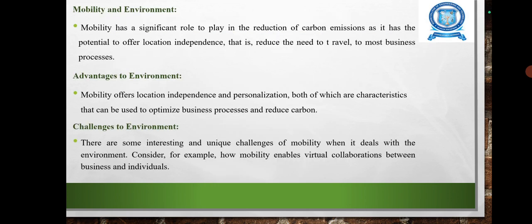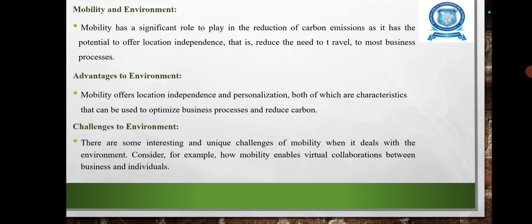The next one is mobility and environment. It has a significant role to play in the reduction of carbon emissions, as it has the potential to offer location independence. That means it is used to reduce the need to travel for most business processes. For example, we have some advantages and challenges in the use of mobile technologies in business from the point of view of environment.